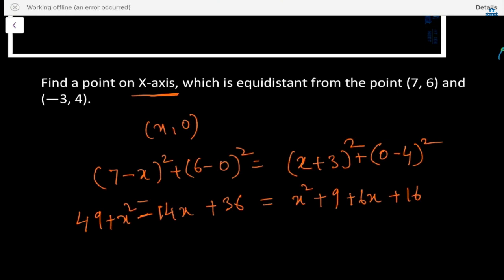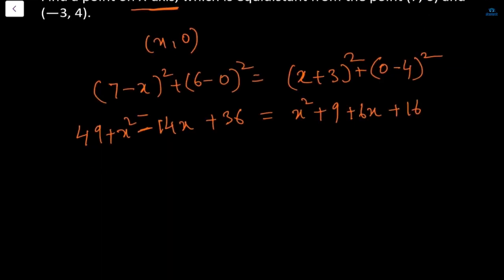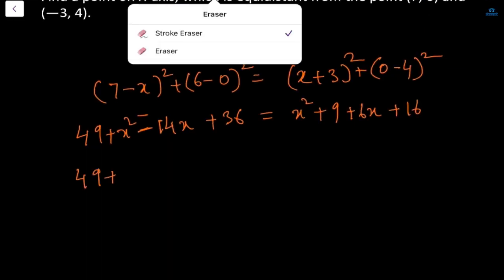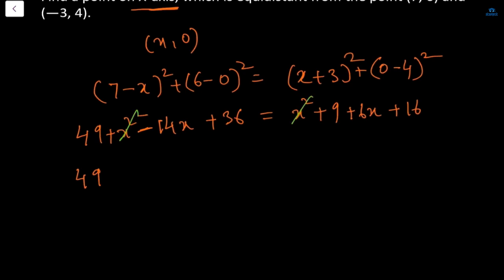Sorry, 6x. Okay, I found the mistake. Ma'am, the answer is coming 5 by 2. 49 minus 9 will be 40, plus 36, minus 16, minus 9, minus 14 is equal to 20.